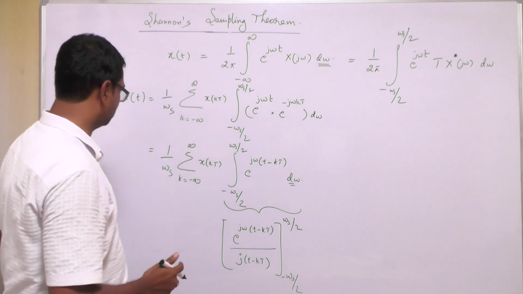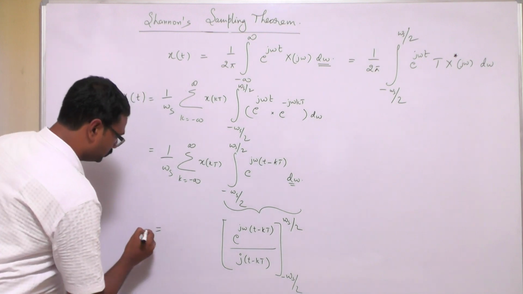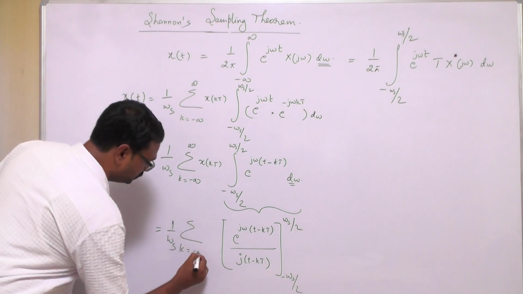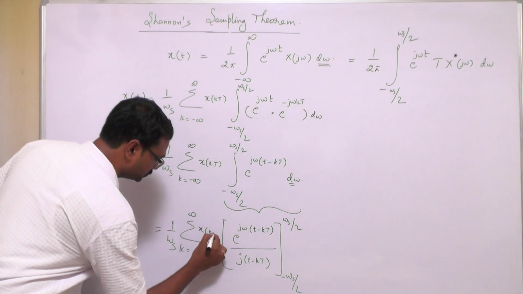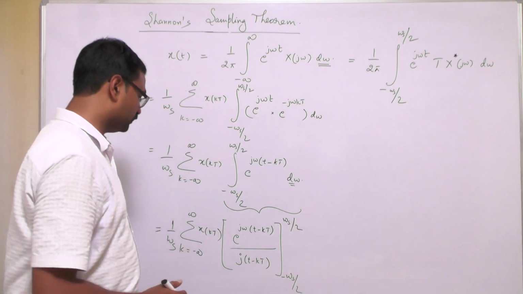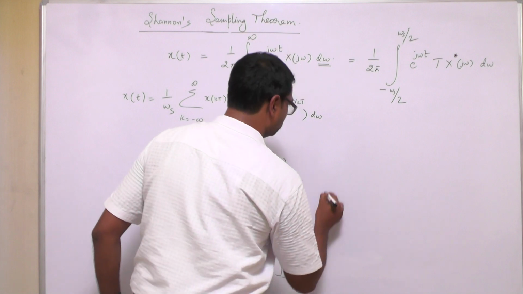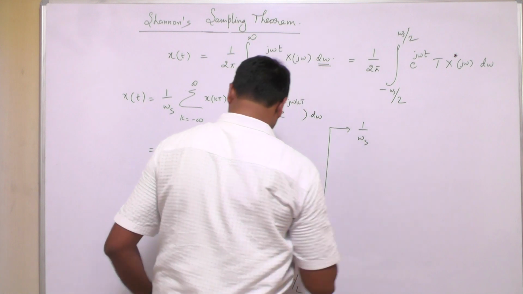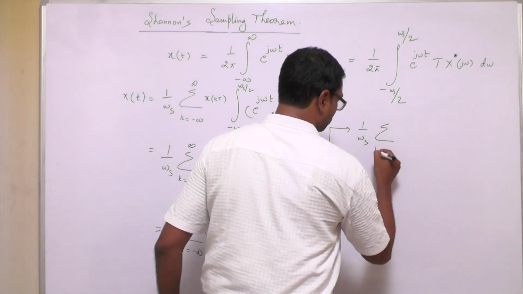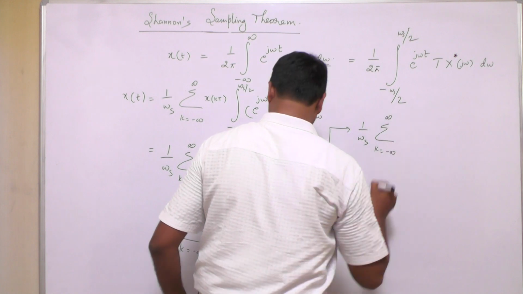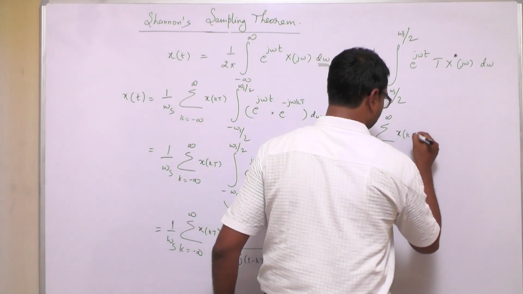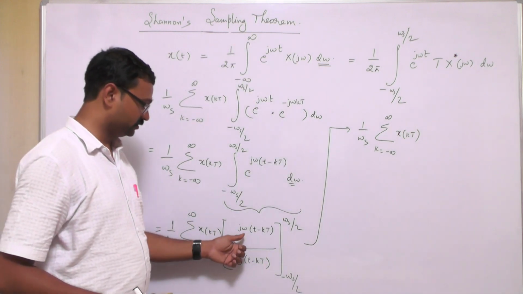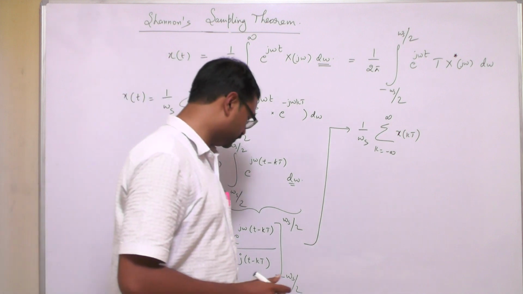Now with this in mind, x of t is 1 by omega s sigma k minus infinity to infinity x of kt into this one. Instead of omega, you replace omega s by 2 and minus omega s by 2.